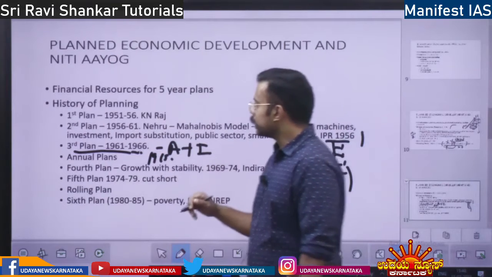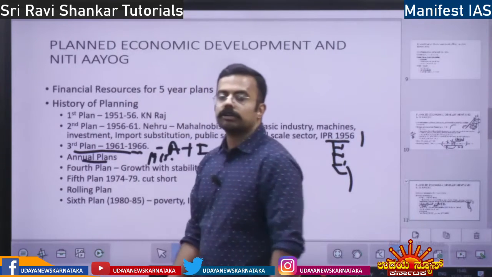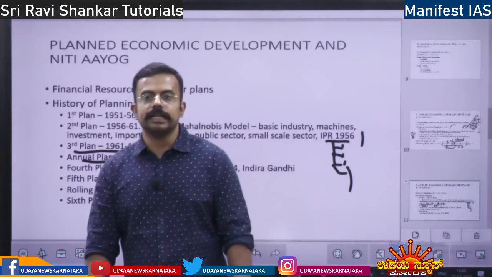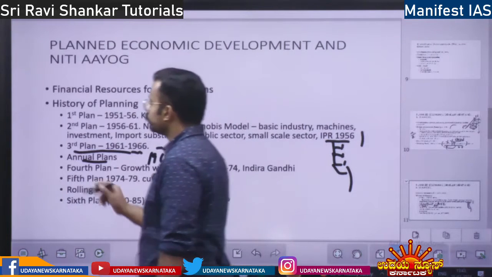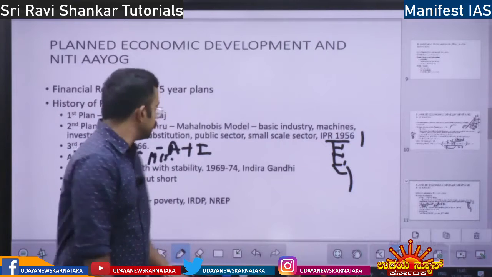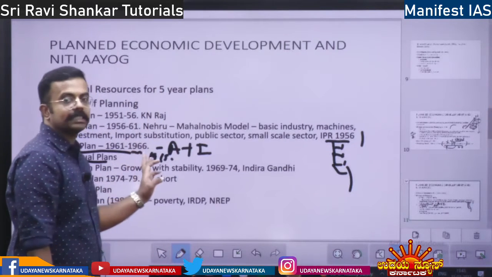Since there were a lot of wars, and also Lal Bahadur Shastri died in 1966, there was food scarcity in India. Because of all these reasons, the plan did not take place after 1966.